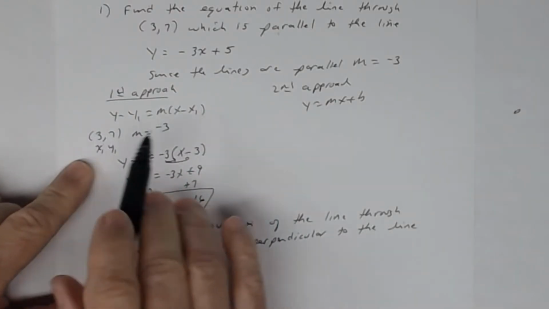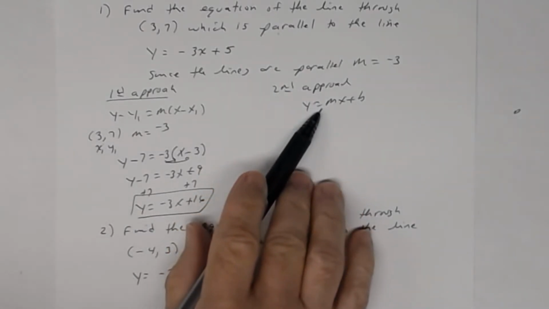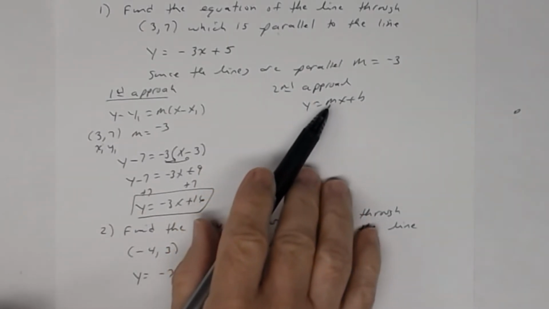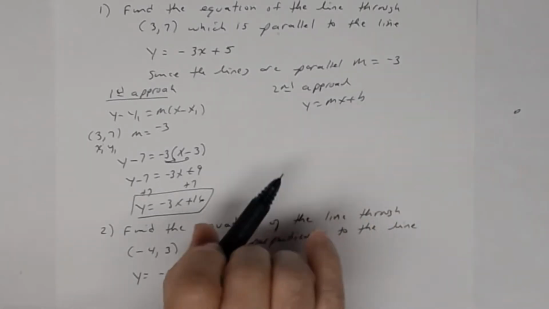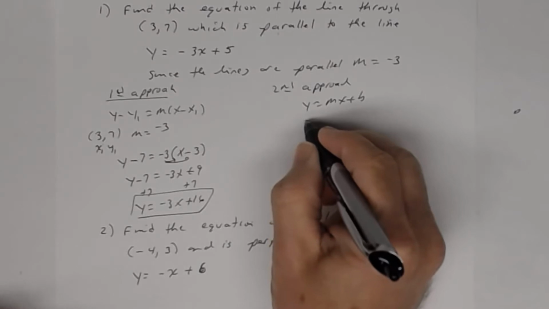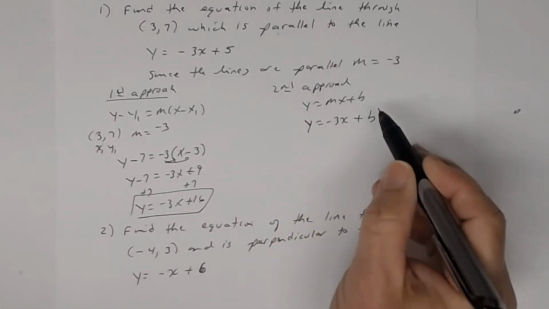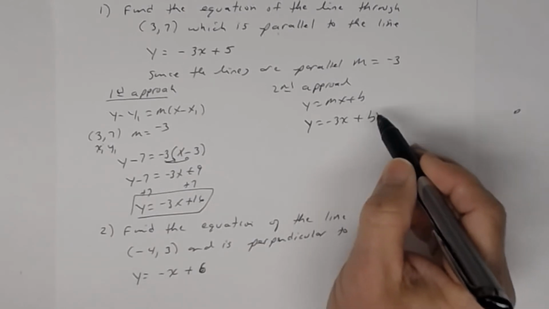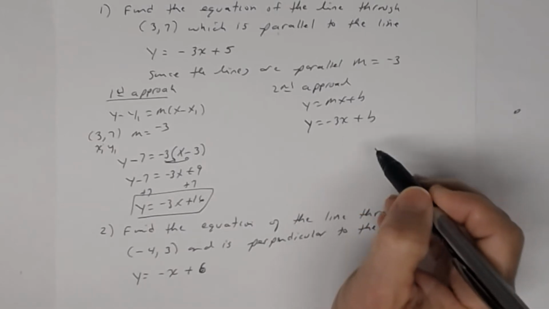When using slope intercept form, listen carefully, you have to know the slope and the y-intercept. I know the slope is -3, so far I have y equals -3x plus b. The problem is you are not given the y-intercept. So you have to find that y-intercept.